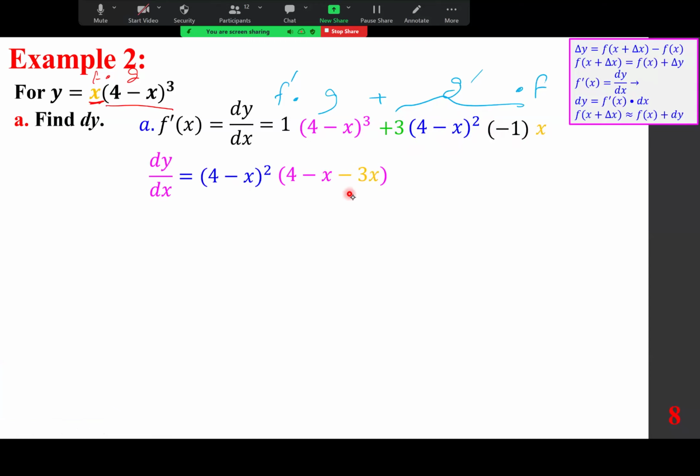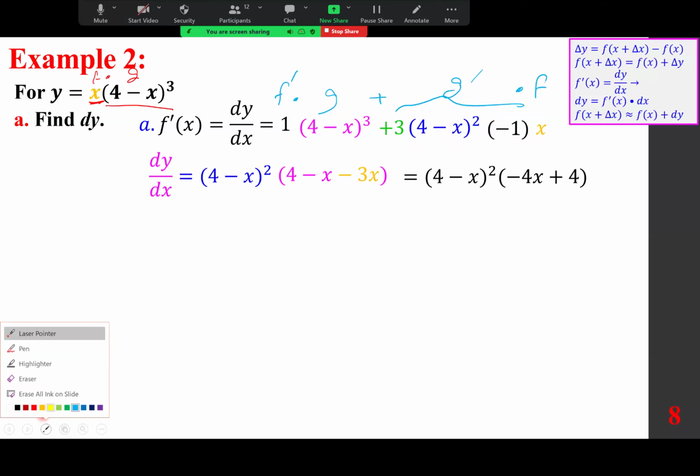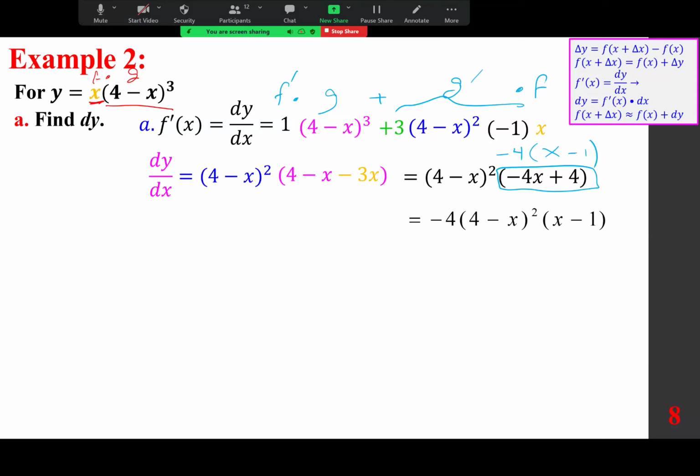These two combine into negative 4x. Now you can leave it like that, but I'm going to take the negative 1 out because it's going to make the next step easier. When we take the negative 4 out, we get x minus 1, and we rewrite it as such.